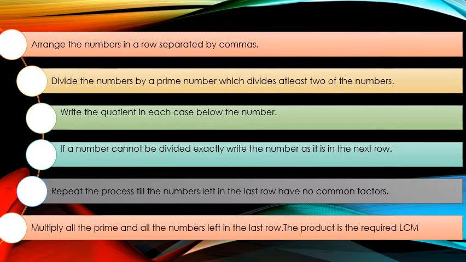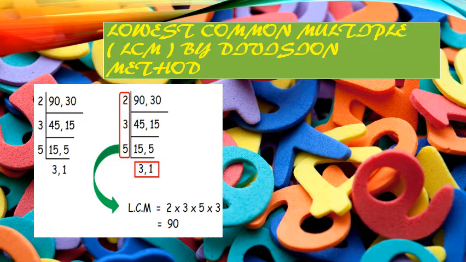Now, let us see this with the help of an example. We have to find the LCM by the division method. We go for the prime factorization of the numbers 90 and 30. When you divide 90 by 2, the quotient is 45. Dividing 30 by 2, the quotient is 15.